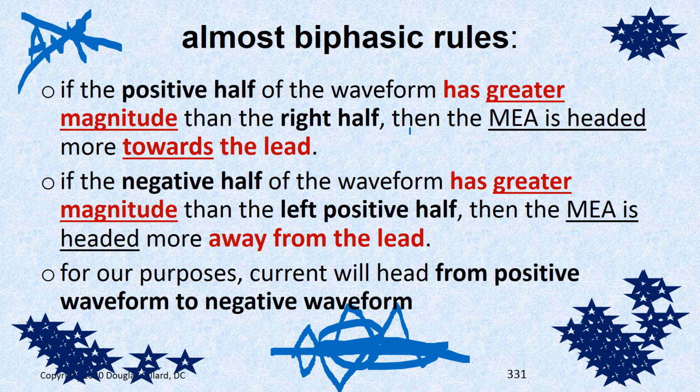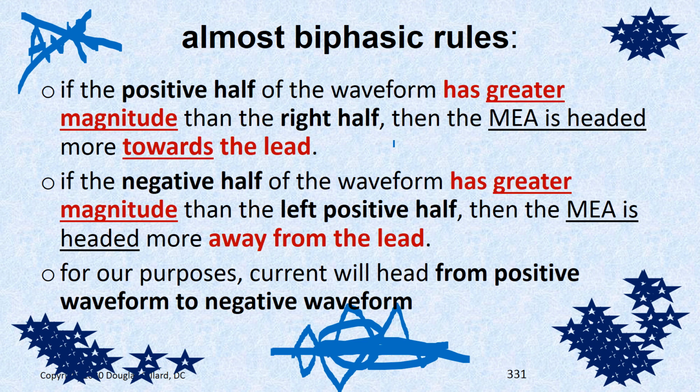So if we're talking about a biphasic wave, and the positive portion of it has a greater magnitude, then the MEA is heading more toward that lead than away. Remember, if it's perfectly biphasic, it's heading perpendicular to that lead. But if it's not perfectly biphasic and the positive part of the limb lead is bigger than the negative part, then it is heading more at the lead than not.